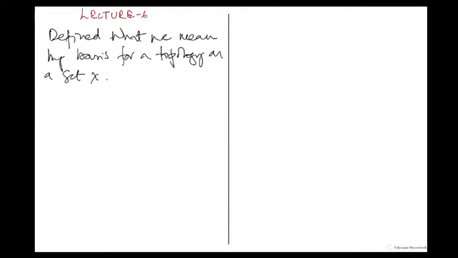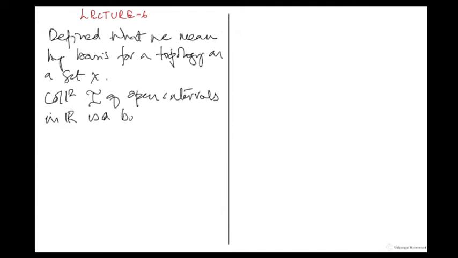One of the important examples was the collection I of open intervals in the real line, which is a basis for a topology on R. This is the important takeaway from last lecture.